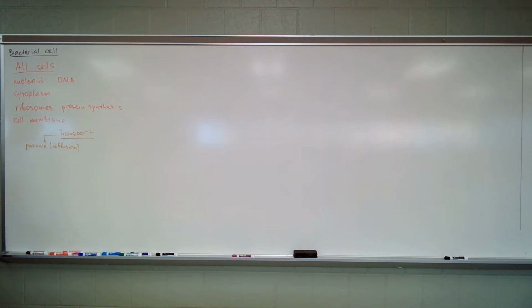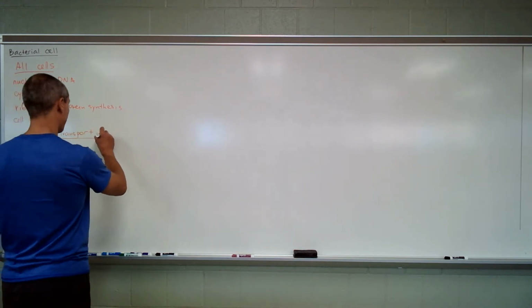And the feature of the passive transport is that it does not require ATP. So basically your molecules are moving from the high concentration to low concentration. Does that make sense? Like this ball is rolling from high to low. So molecules move along the concentration gradient.